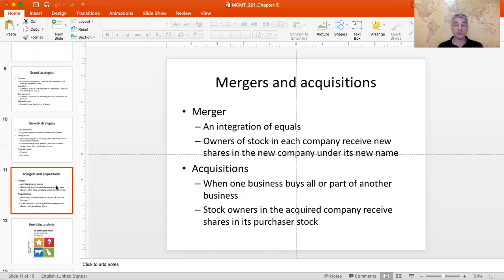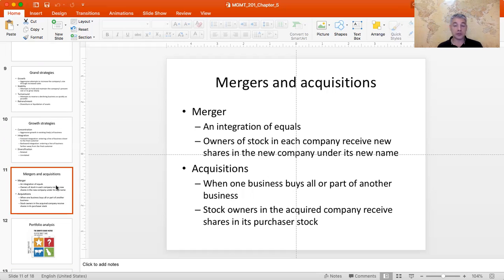There is a conceptual difference between merger and acquisition. Merger is basically an integration of equals. And here, owners of stock in each company would receive new shares in the new company under its new name. With acquisition, there is always an acquisition target, and then there is an acquiring company, the purchaser.